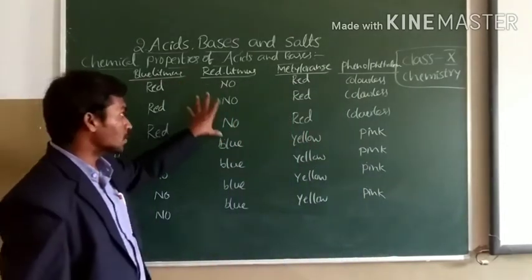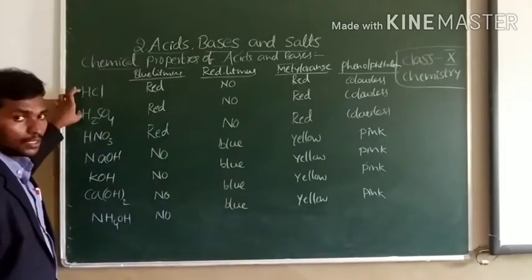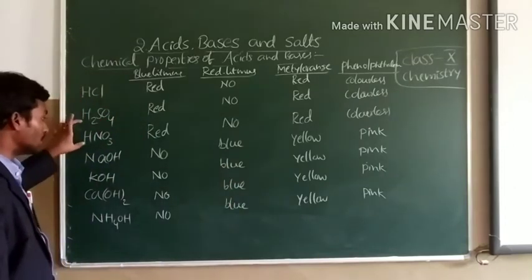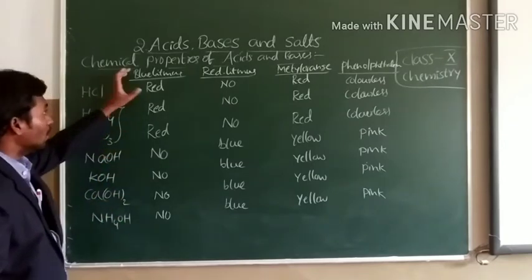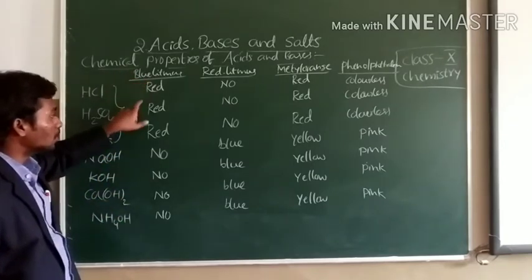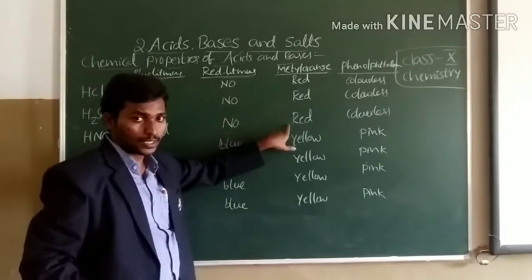So based on these observations, we conclude that substances like hydrochloric acid, sulfuric acid and nitric acid are all examples of acids because they turn blue litmus to red and show red color in methyl orange indicator.